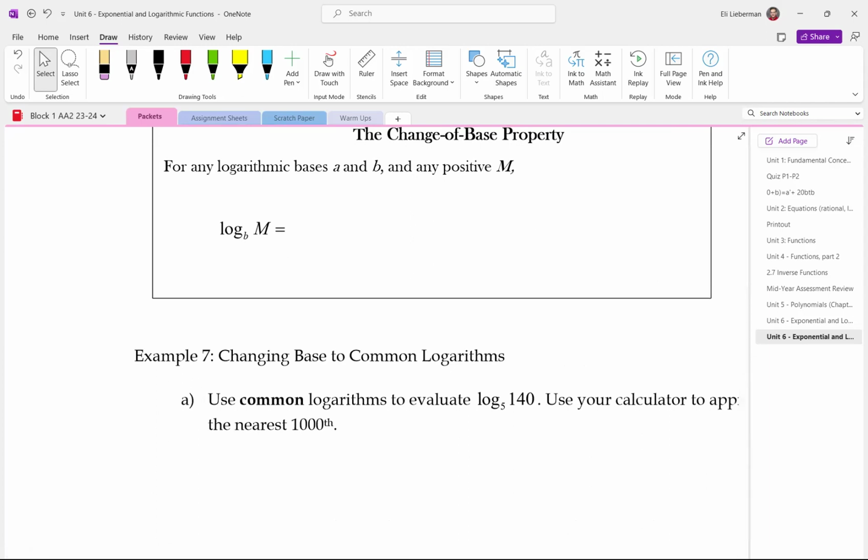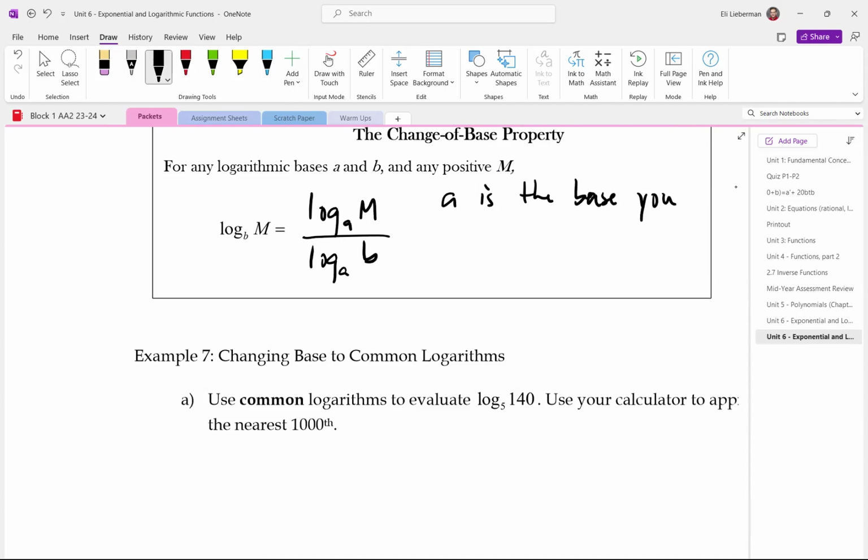We're going to be proving this formula in the coming weeks, but log base B of M is equal to log base A of M over log base A of B. A is the base you choose.